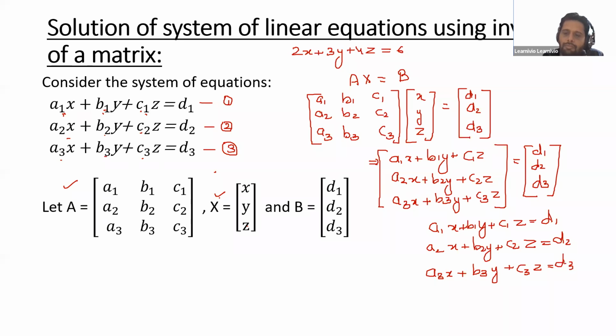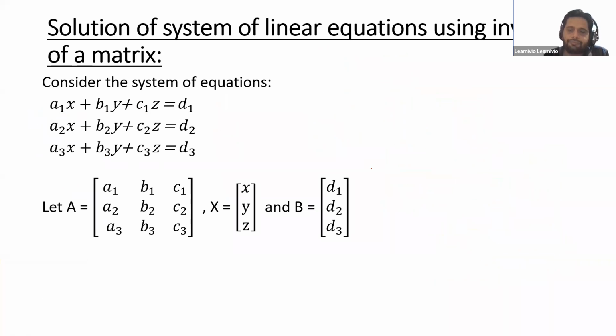So please check, if we multiply this AX and equate it with B, then we will again get the same equations. So that means AX is equal to B is correct. Okay, so whenever you have a matrix, you will always take A as the coefficients of x, y, z, X as the variables, and B as d1, d2, d3. There's no need to note down this.